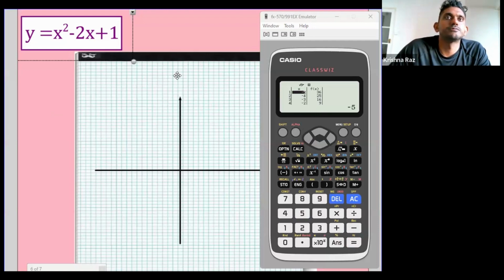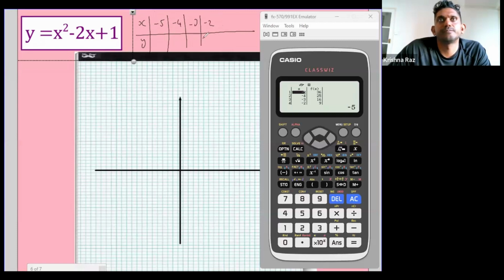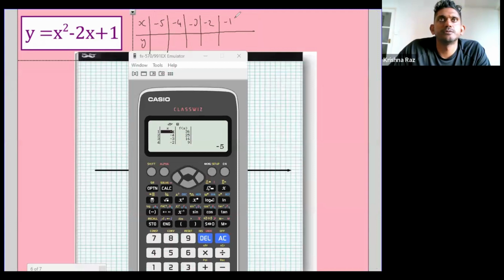Let me just write up what we have. It means that x goes from -5 all the way up to 5.